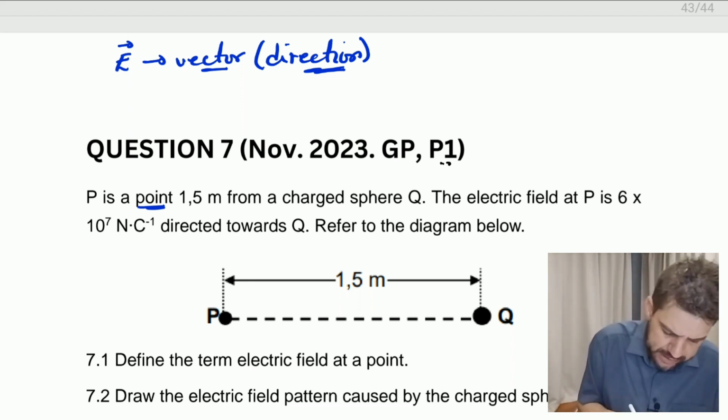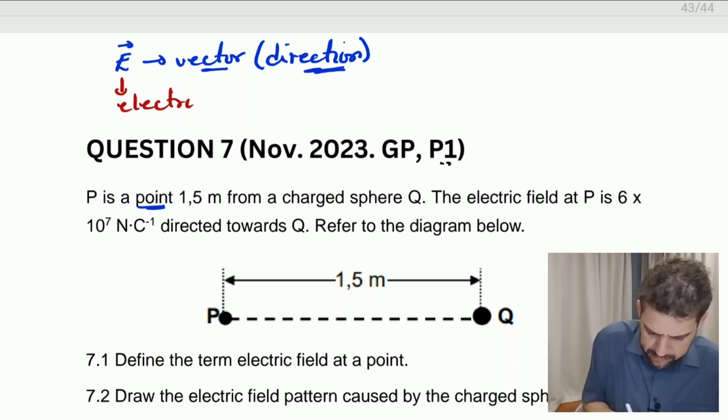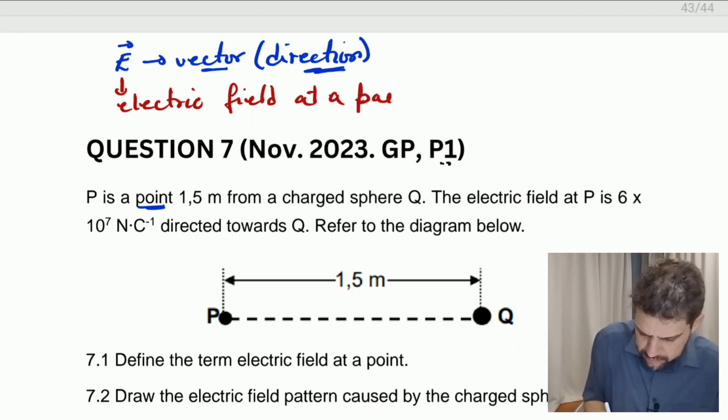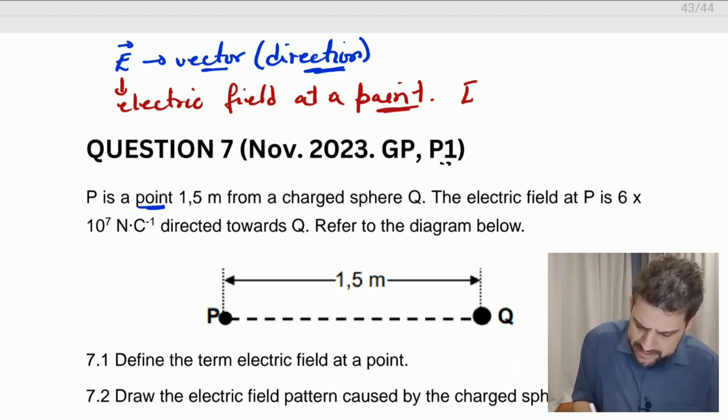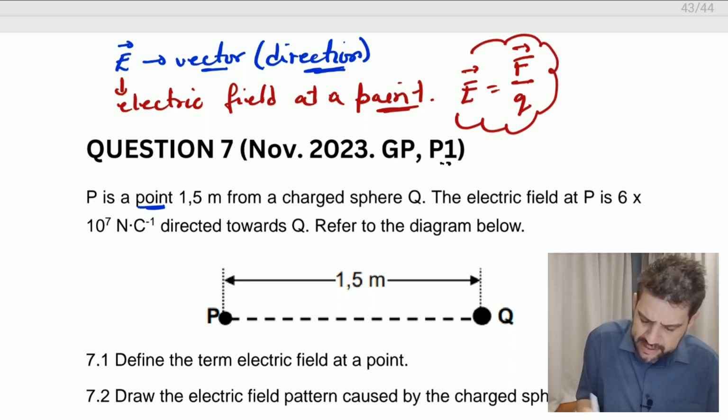So let's write here, this one is electric field at a point. All right, it is by definition equal to force per unit positive charge placed at that point. This one here is the definition.